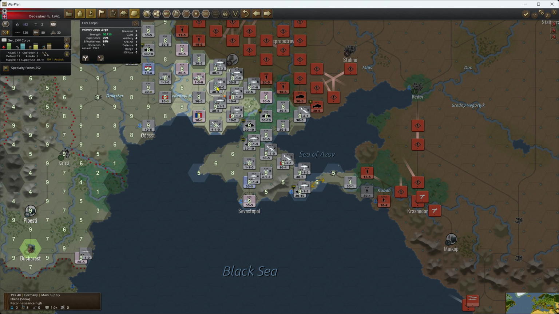Whoa. I guess this is going to be Kursk. He's making four deep lines, four deep in this whole area.